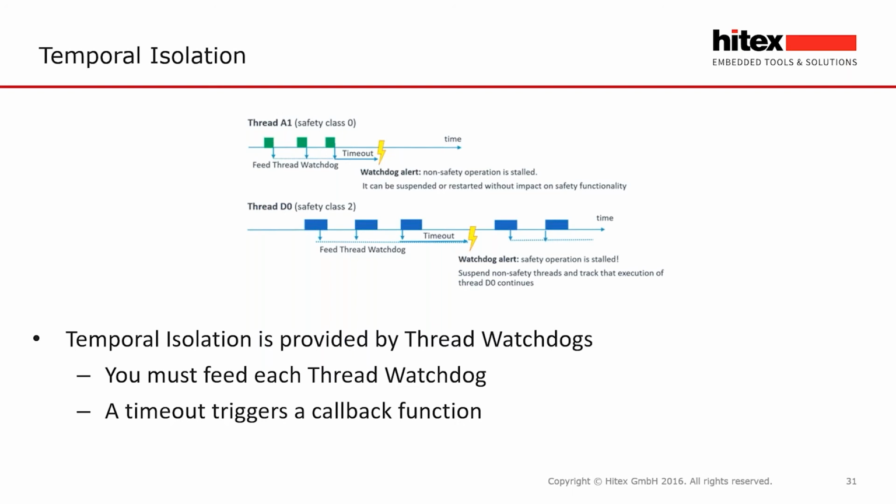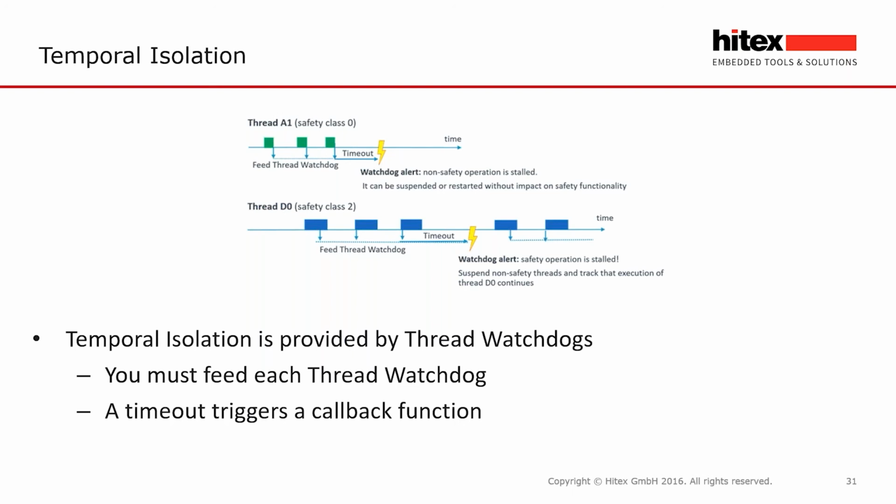So when we create our FuSa safety threads, each one has a thread watchdog, and we can software watchdog so that we can guarantee the maximum runtime for that particular thread. So this has to be patted each time we go around the loop within the thread. If it fails, we can decide how we want to manage that temporal failure.